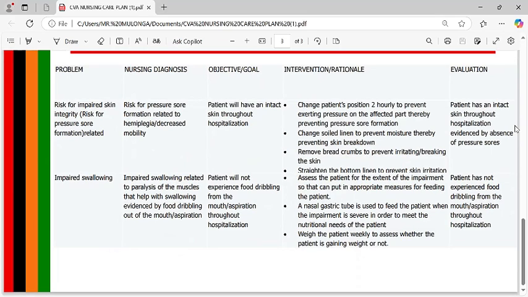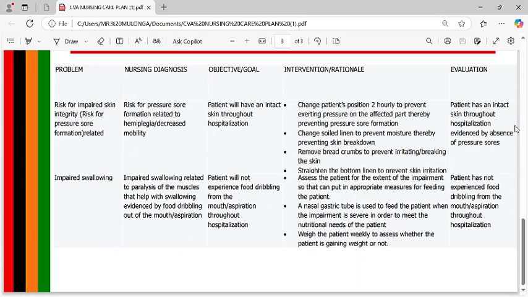Therefore, in a patient who is bedridden or unconscious, you have to straighten the linen on the bed so that it will not irritate the patient's skin.